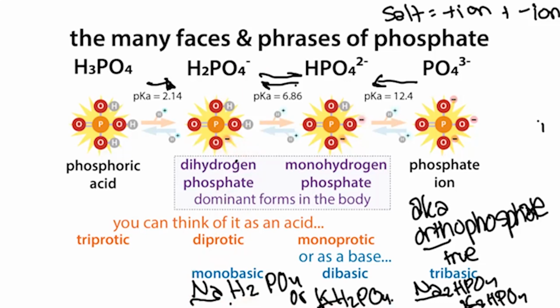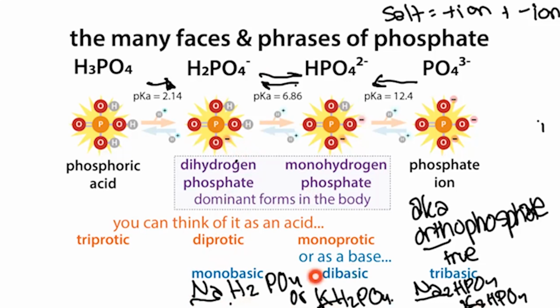Now, the base form that you're going to add is going to be your monohydrogen phosphate, which you're going to see up on the bottle. This is going to be like Na2HPO4 or K2HPO4, so disodium phosphate or dipotassium phosphate.